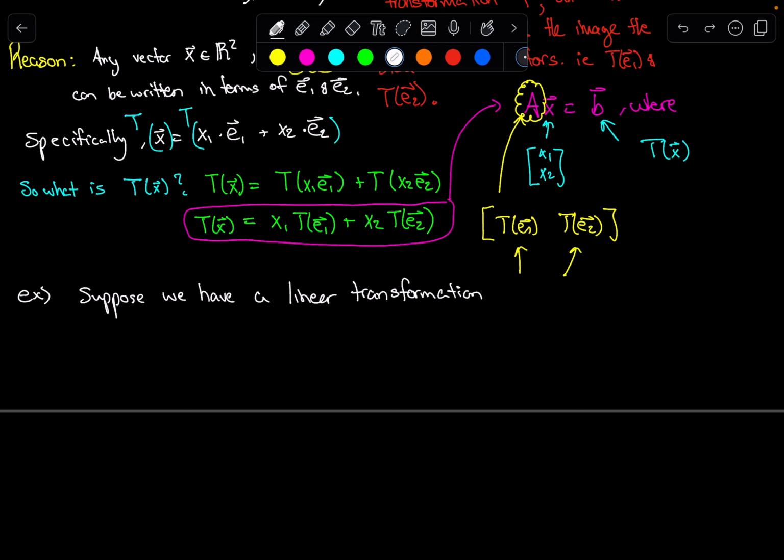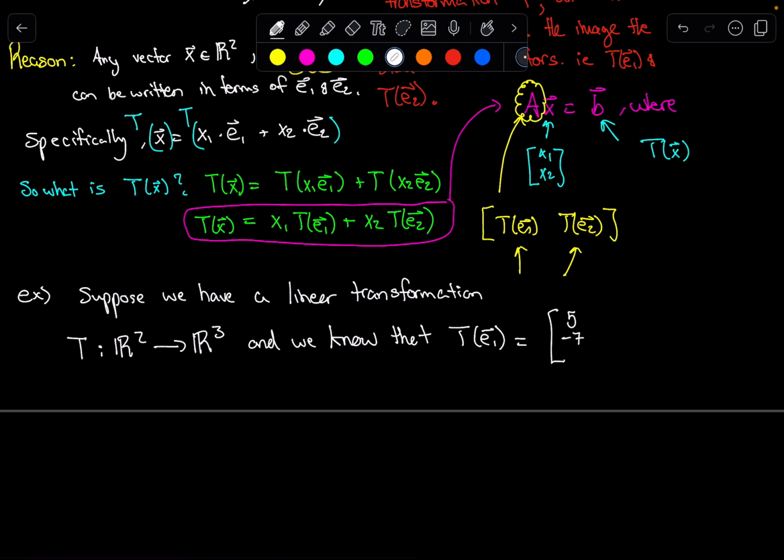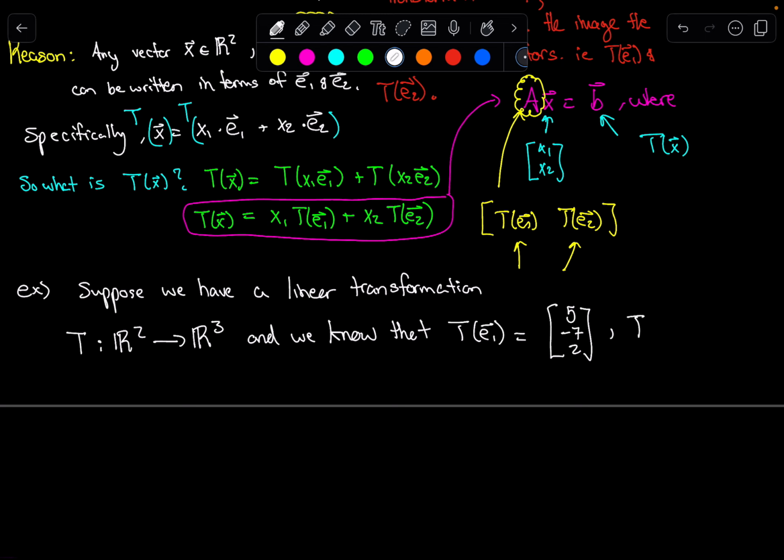Suppose we have a linear transformation T that starts in R2 and ends up in R3, and we know that T of E1 is equal to the vector 5, negative 7, 2, which should make sense because we're ending in R3. And then T of E2 is equal to negative 3, 8, 0.